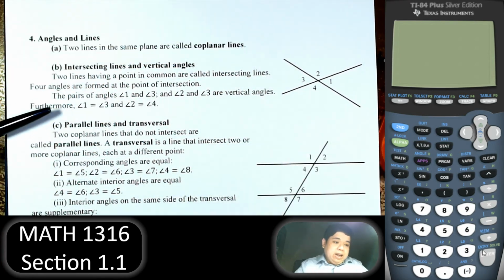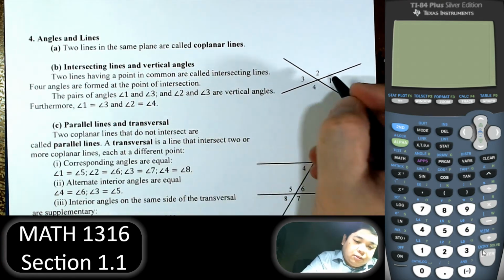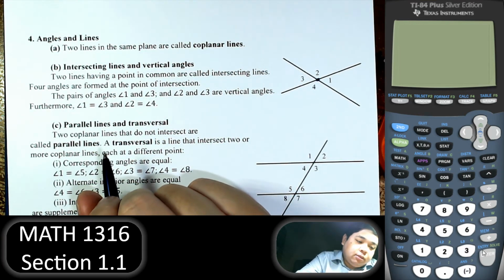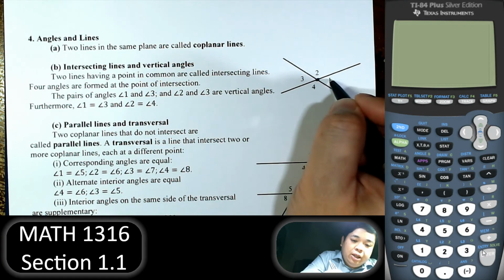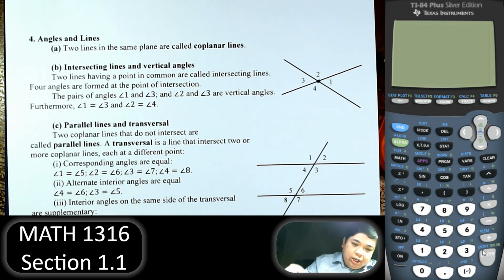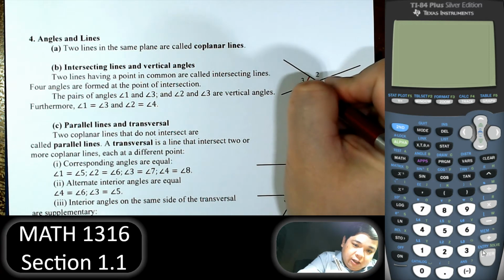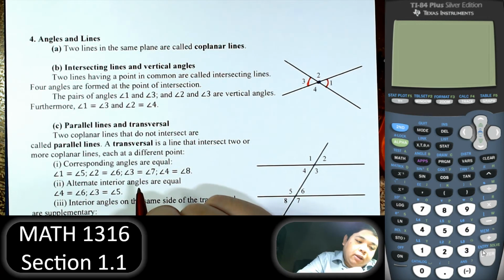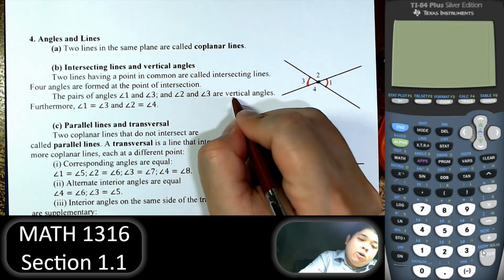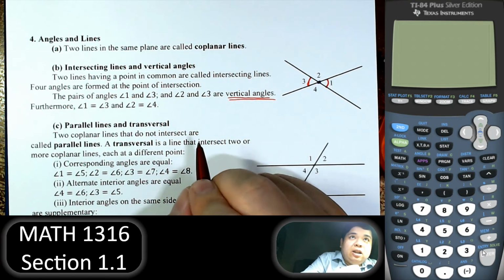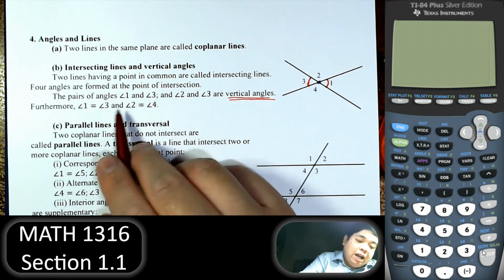Now, if they intersect, they will form four angles, and we have the pair of angle 1 and angle 3. Those are vertical angles because they share a vertex, and vertical angles are equal.